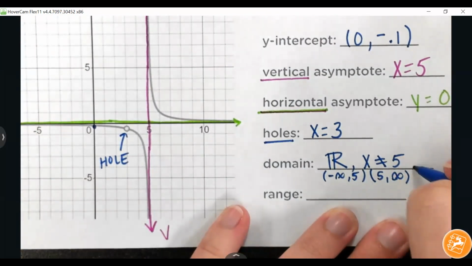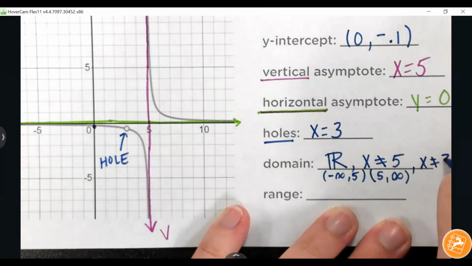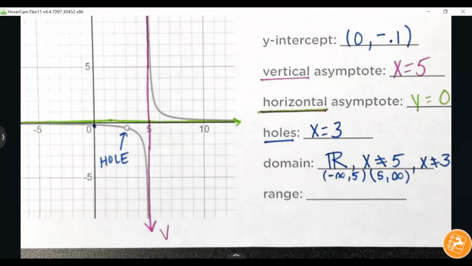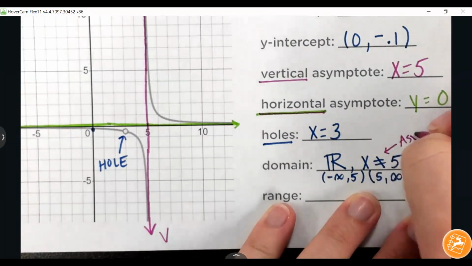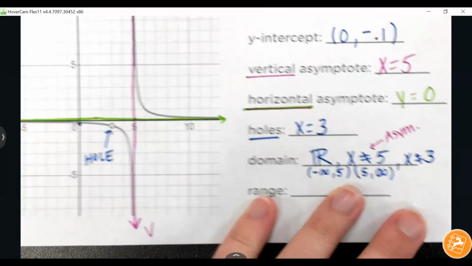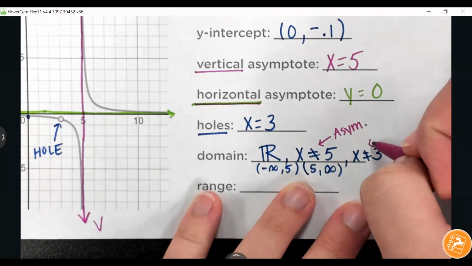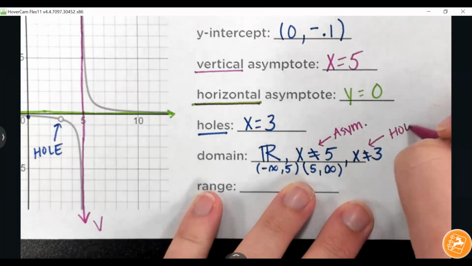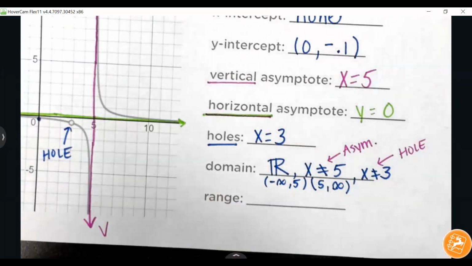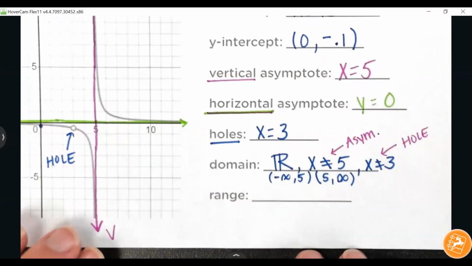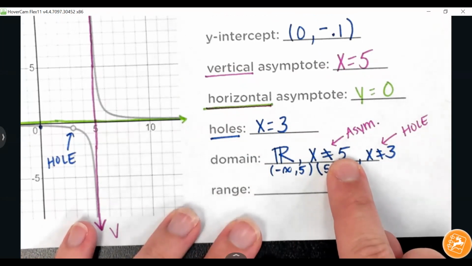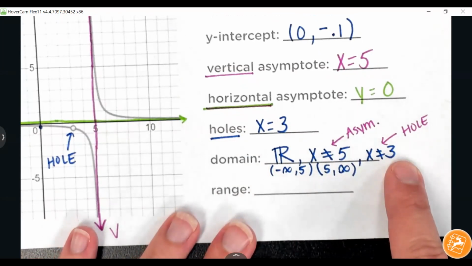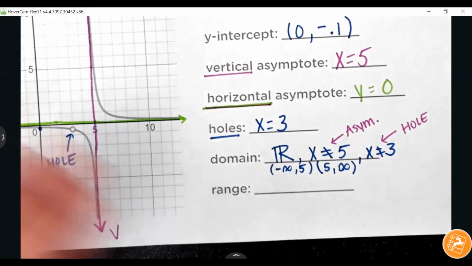So x cannot equal 3. And we're going to take some notes really quick. X cannot equal 5 because I have an asymptote there. X cannot equal 3 because I have a hole there. Okay? So it's every number in the world, but it can't be my asymptote. It can't be my hole. Okay?